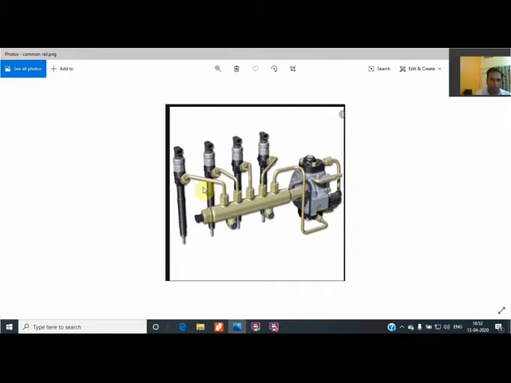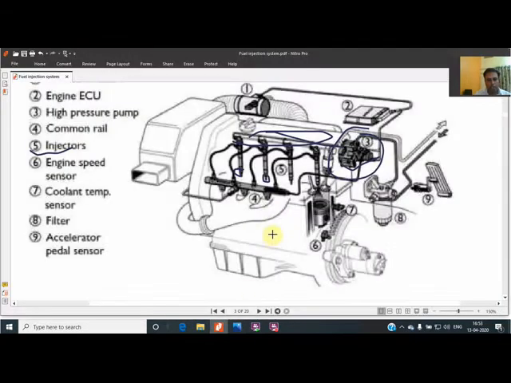But if you are working with a high speed multiple injection system, means if the injections are more than 6 to 7 times, because these days we have engines with regeneration, means we have to inject the fuel several times, for that piezoelectric material is used. The injectors are of 2 types: one is the piezoelectric and another is the solenoid type.